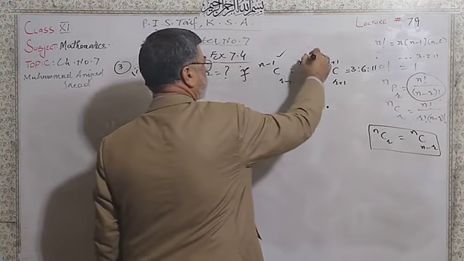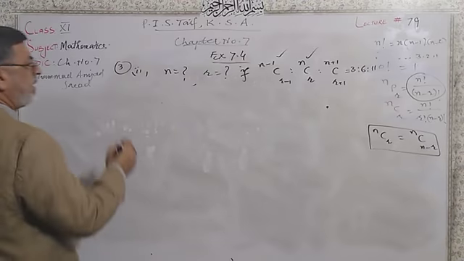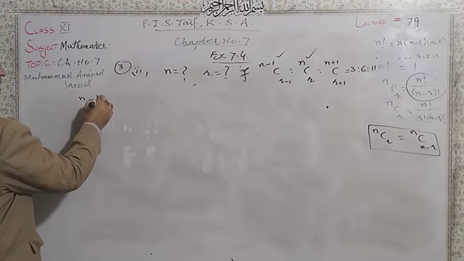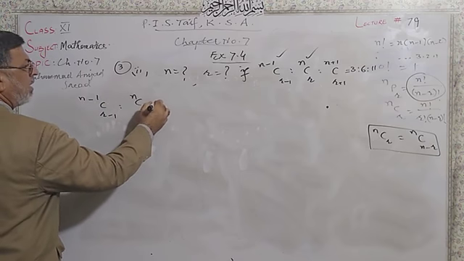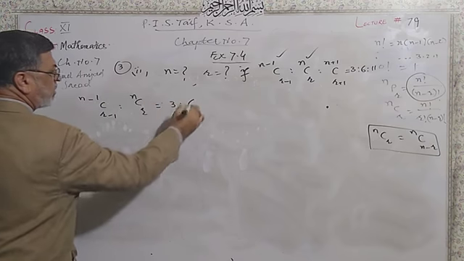Now we can take the first two. Here n minus 1 C r minus 1 ratio nCr is equal to 3 ratio 6.